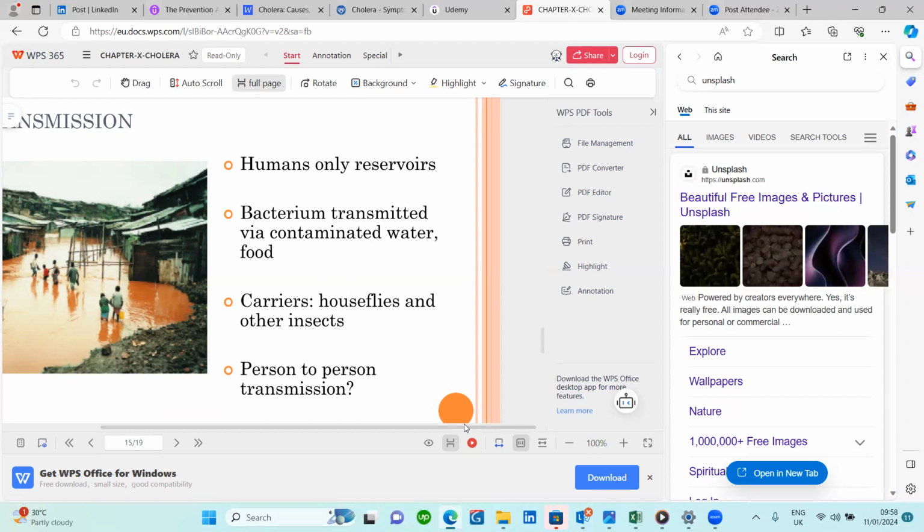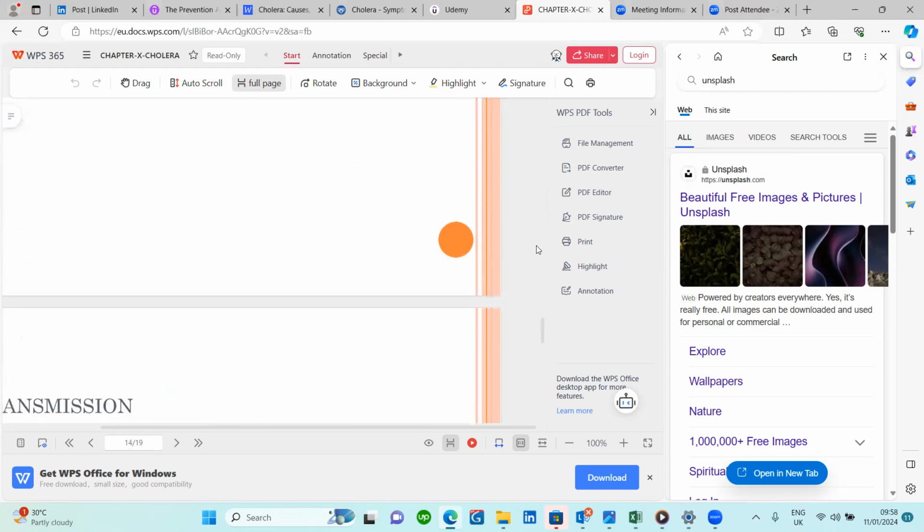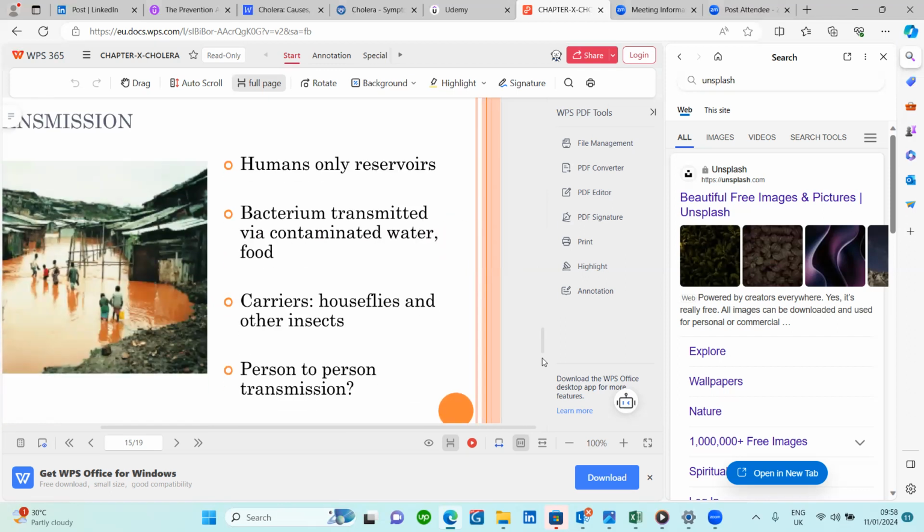In this section, we have talked about the mode of transmission of cholera, and we said that mode of transmission are the various ways or means whereby cholera is transmitted from one person to another. We have the fecal-oral route, the oral route, and the discharge route. Humans are the reservoirs of the infection.